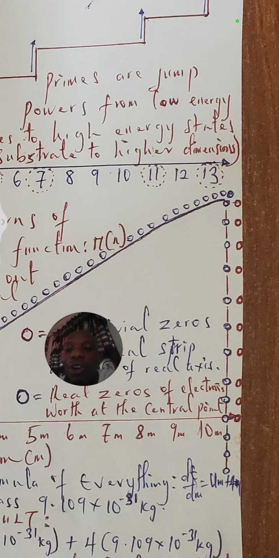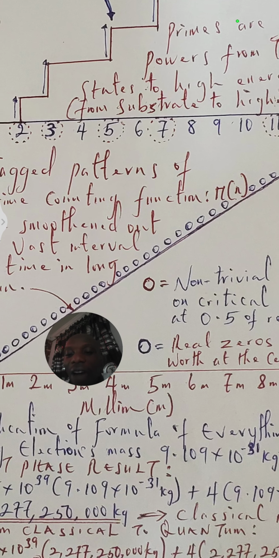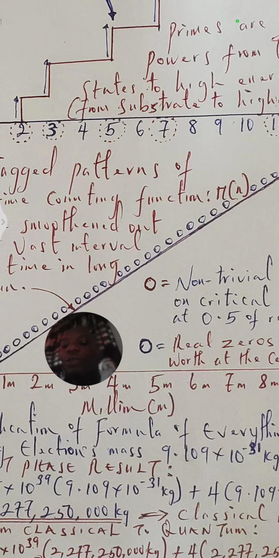So now the non-trivial zeros on the critical strip serve as mirrored version of the real zeros, and they are the half pointer to the real object. So now for us to have an idea of what I'm talking about, even in 3D, you can see that when you observe an object, you only get to see the half portion of the object.